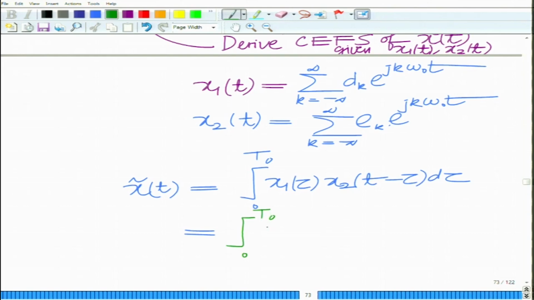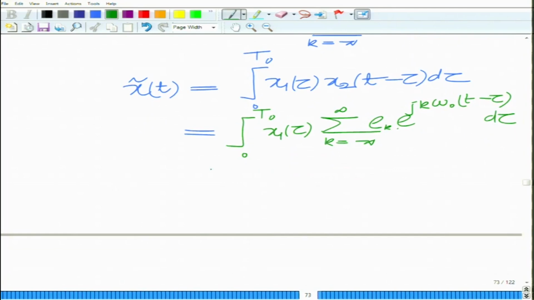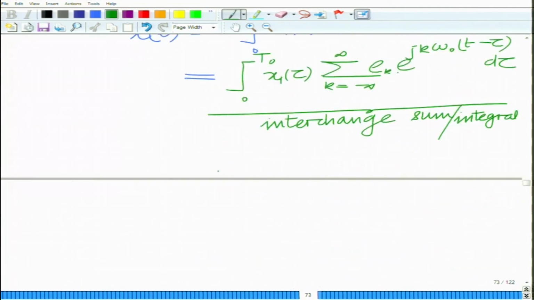Now instead of x2 you substitute the CEFS, so that gives us summation k equals minus infinity to infinity e k e raised to j k omega naught t minus tau d tau, and now you interchange the summation and integration.